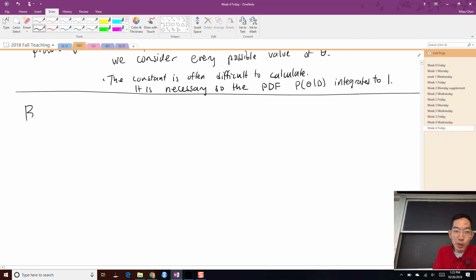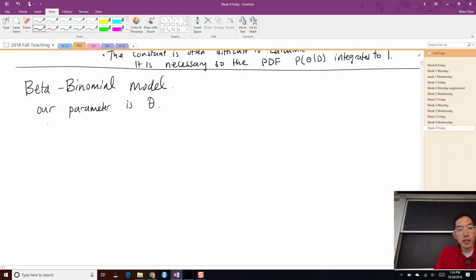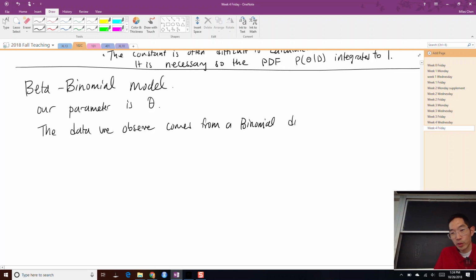All right, let's go. So we'll go back to the beta binomial model. Our parameter is theta, and the data we observe comes from a binomial distribution.